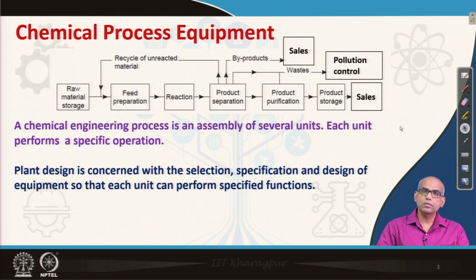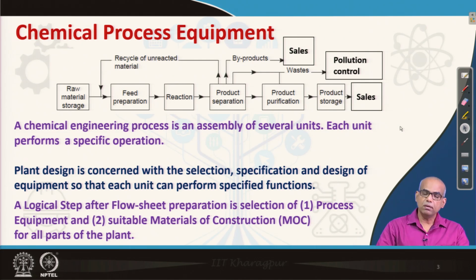So, what you see is that a chemical engineering process is an assembly of several units. Each unit performs a specific operation. Plant design is concerned with the selection, specification and design of equipment so that each unit can perform specified functions.